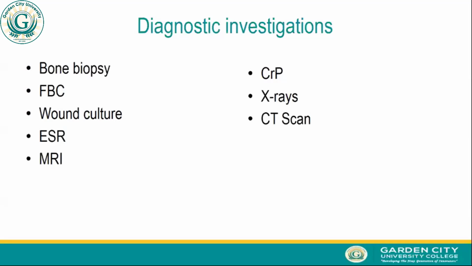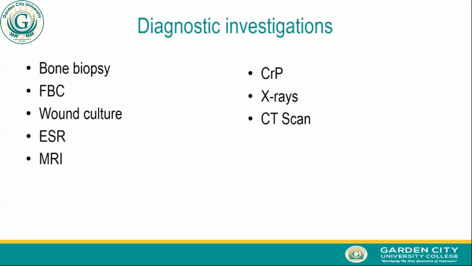Yes, so read more about the diagnostic investigations, right? Read more about why biopsy, and which one is the main investigation that's supposed to be done to rule out osteomyelitis. Of course, we all have the idea about it, but I want to be quite specific, right?